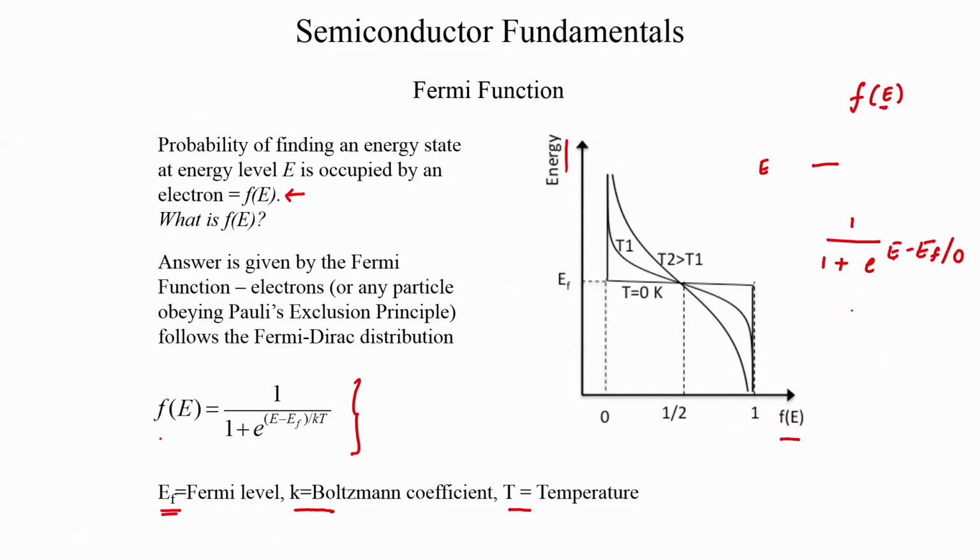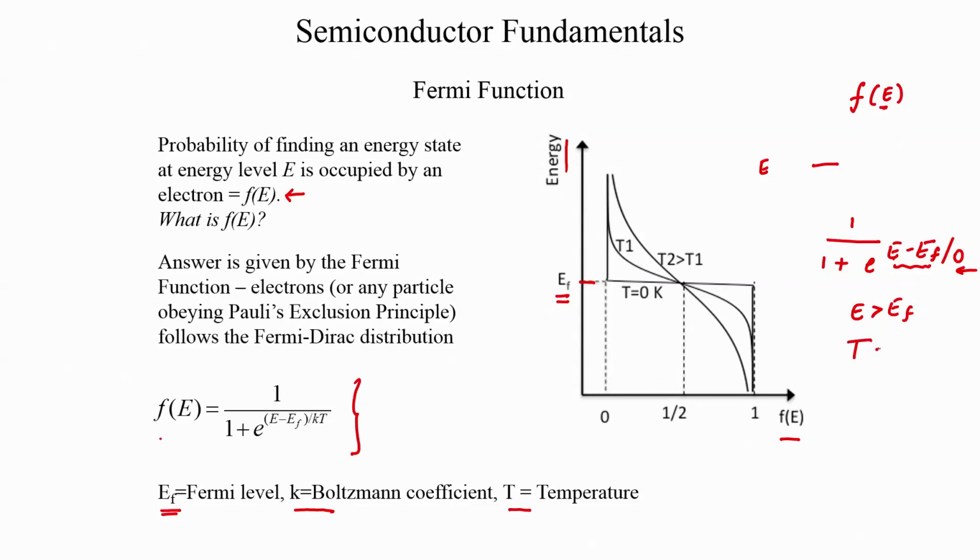So, suppose E is greater than Ef. Ef is some energy level, so for now let us just mark it somewhere and call that Ef. This is the energy scale, and let us say E is greater than Ef, which means that this quantity is positive, and as the temperature approaches 0, this number is a very large positive number which starts heading towards infinity.